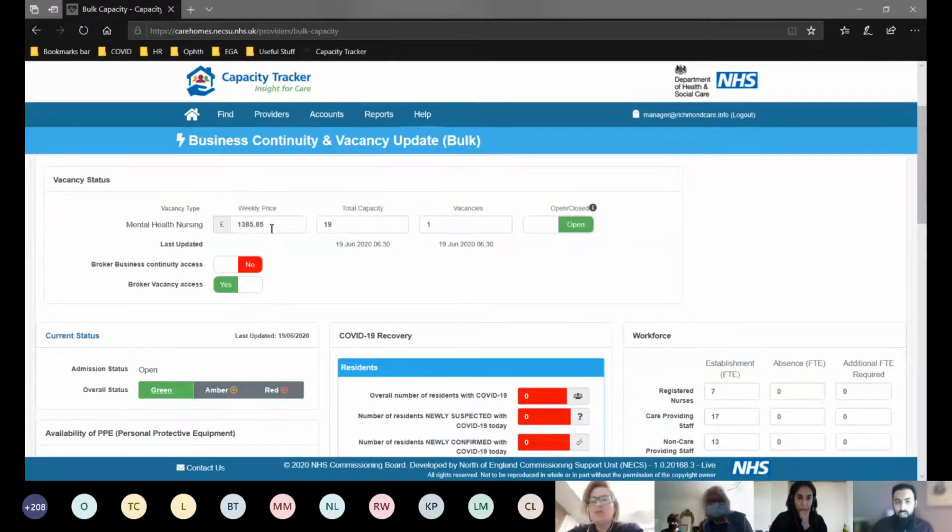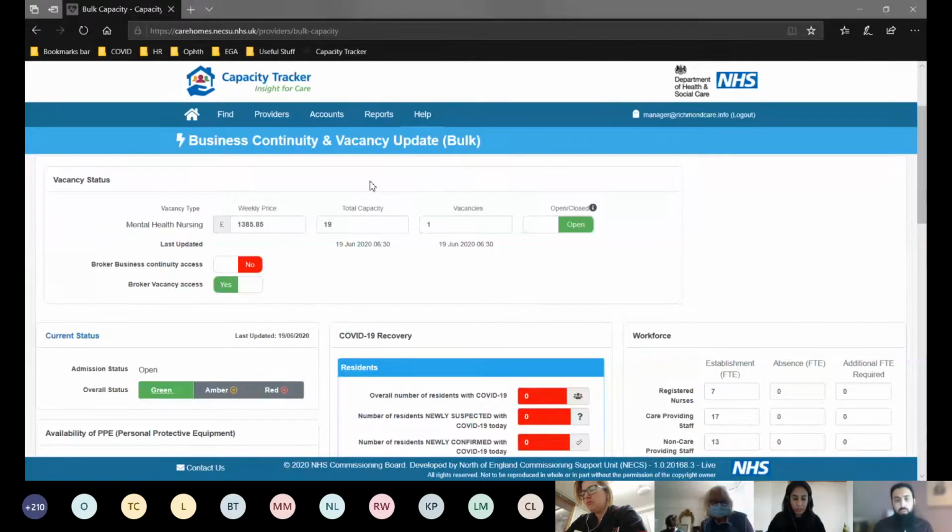This is an indicative price. When somebody contacts you from looking at Capacity Tracker, whether a social worker or an acute trust, they will have a rough idea what the cost is, but you are not under any obligation to match this price. If the price is higher or lower, you can discuss that with whoever you come into contact with.